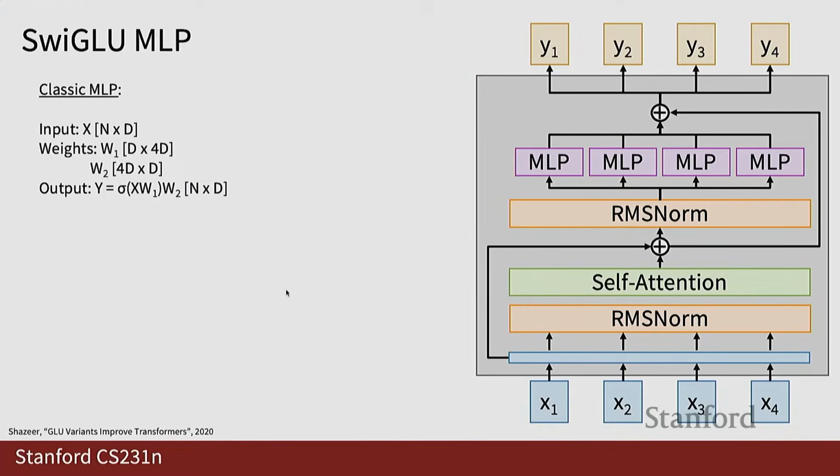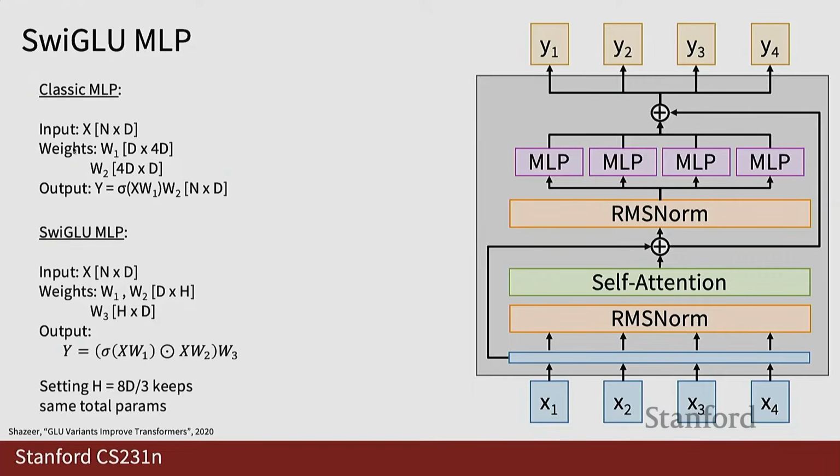The other option is, instead of using a simple MLP, to use a SwiGLU MLP, where we do what we call a gated nonlinearity. Instead of having two weight matrices, W1 and W2, we add a third one, W1, W2, and W3.